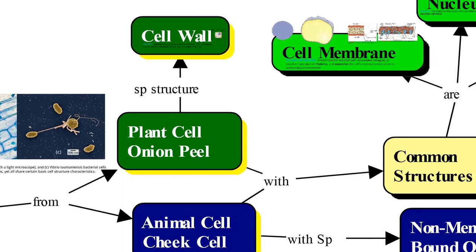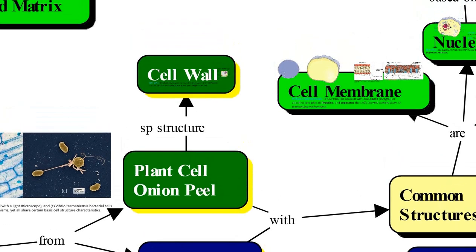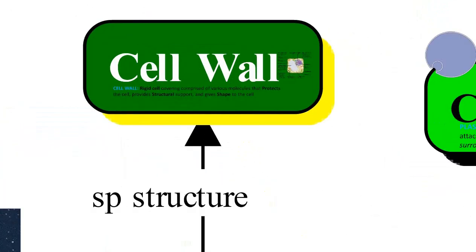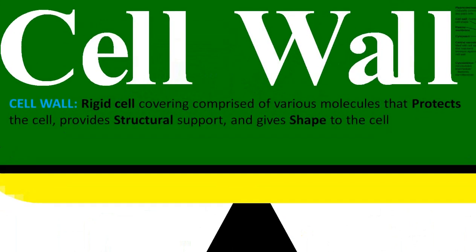Here we do see some variations with respect to the plant as well as animal cell. In the case of plant cells, usually they contain a cell wall. Cell wall is the unique feature of the plant cell. This cell wall is absent in the case of animal cells. To define, the cell wall is the rigid covering comprised of various molecules that protects the cell, provides structural support, as well as gives shape to the cell.